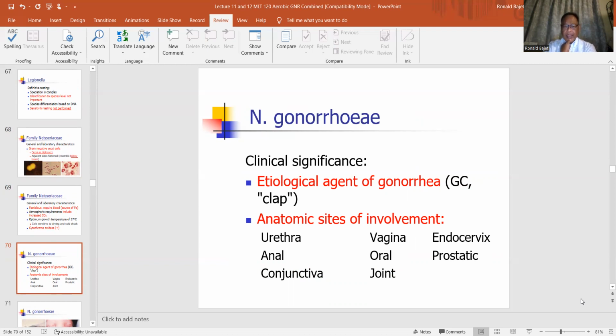Anatomic sites to identify possible Neisseria gonorrhoeae infection are the urethra, anal, conjunctiva, vagina, oral, joint, endocervix, and prostate. Joint is in there because Neisseria gonorrhoeae has a tendency to colonize in the joints.